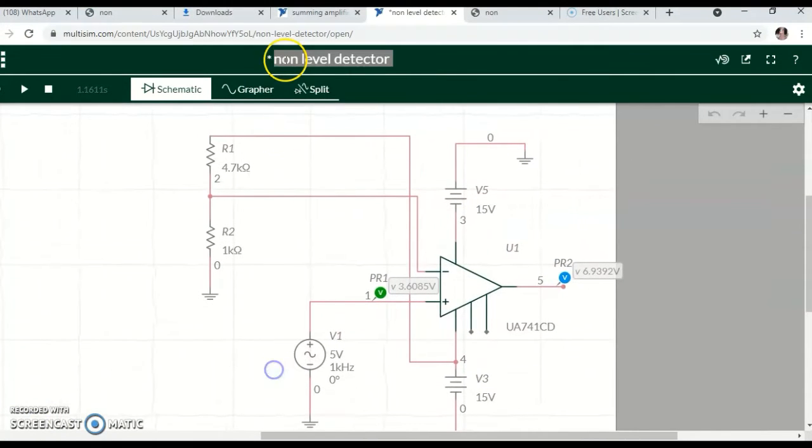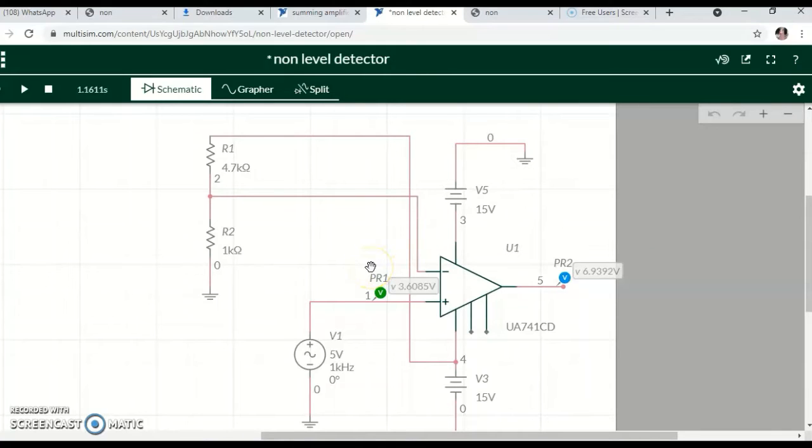The next circuit is called the non-zero level detector. This circuit uses a voltage divider to set the reference voltage, known as Vref.